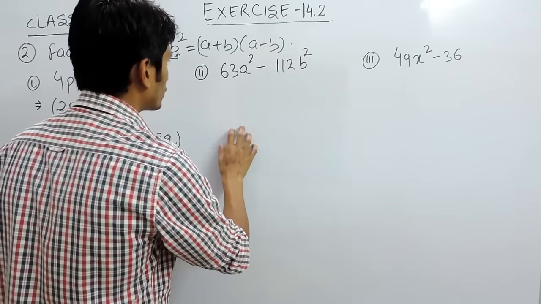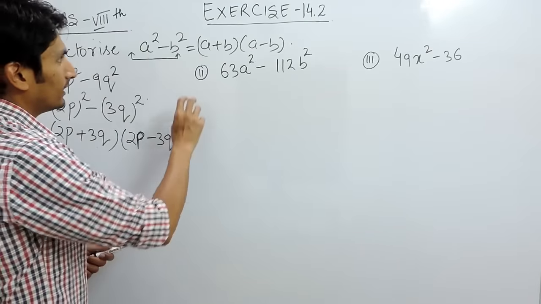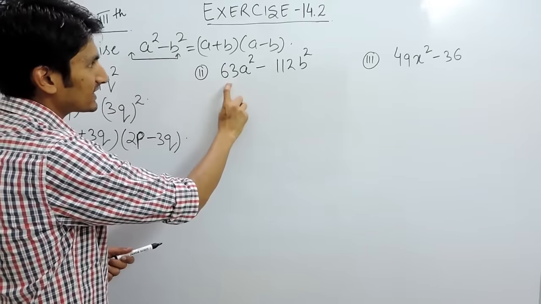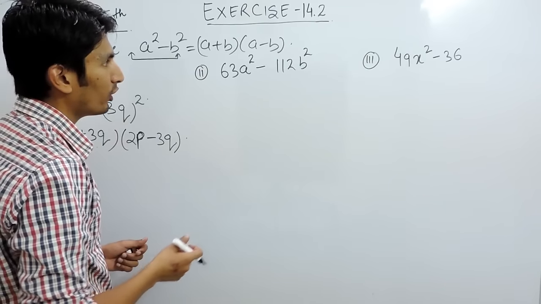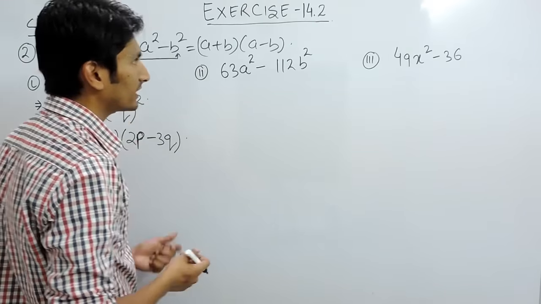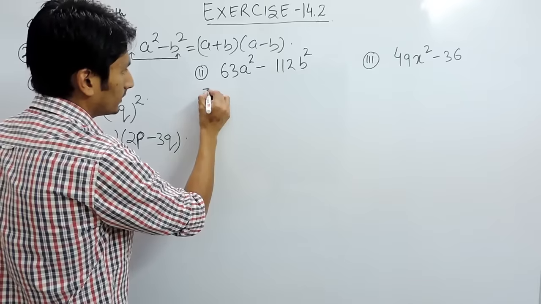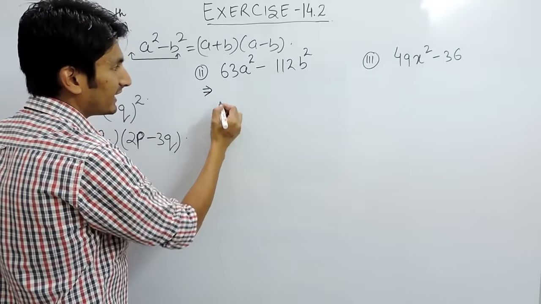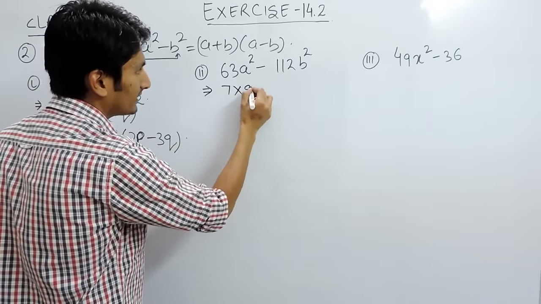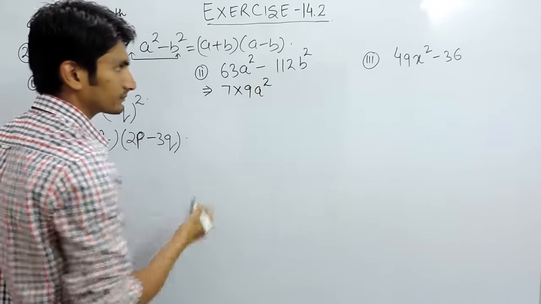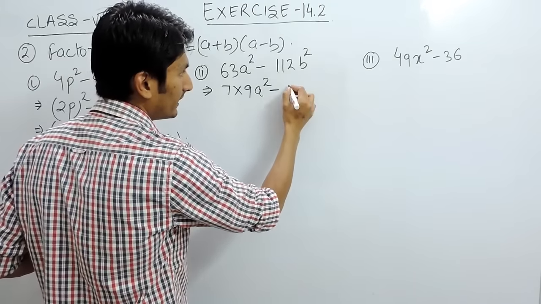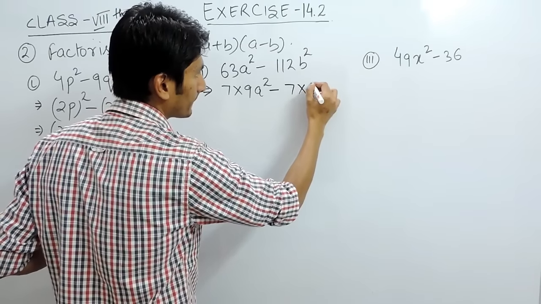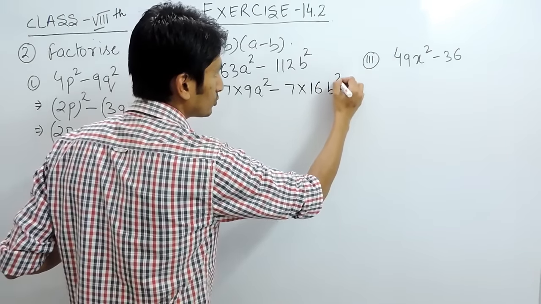Now what should we do in the second one? This is a square, but 63 is not a perfect square number. So first of all, there should be something common. So 63 can be written as 7 multiplied with 9a square, and 112 can be written as 7 multiplied with 16b square.